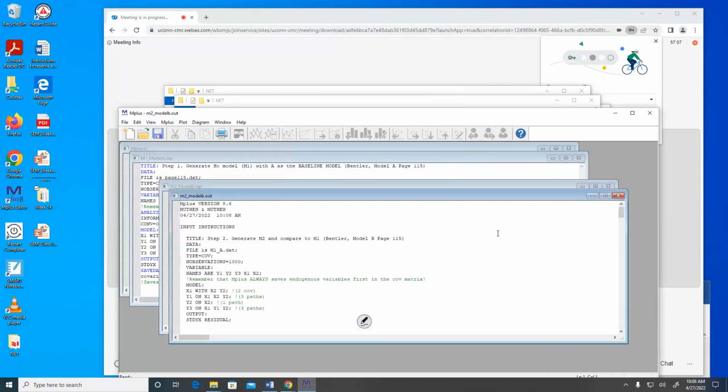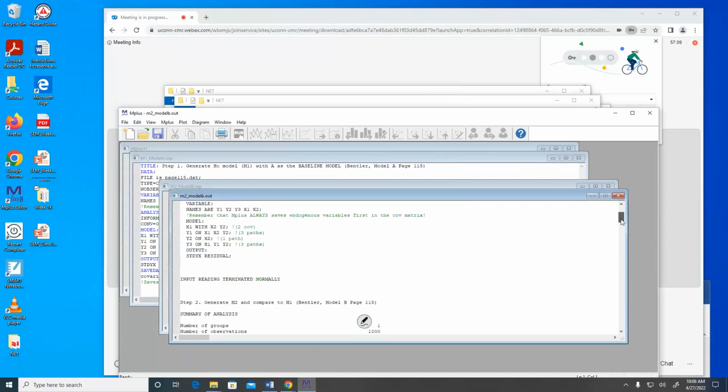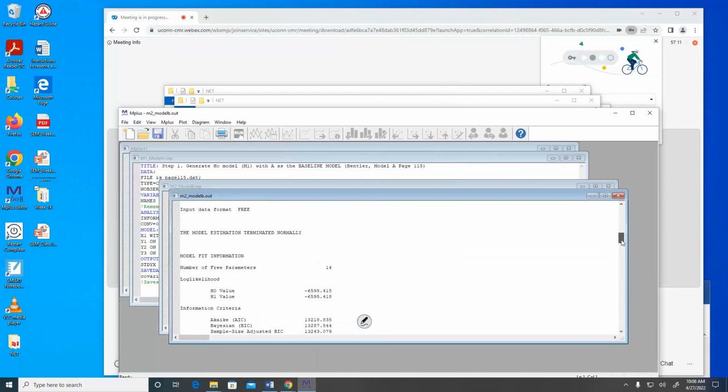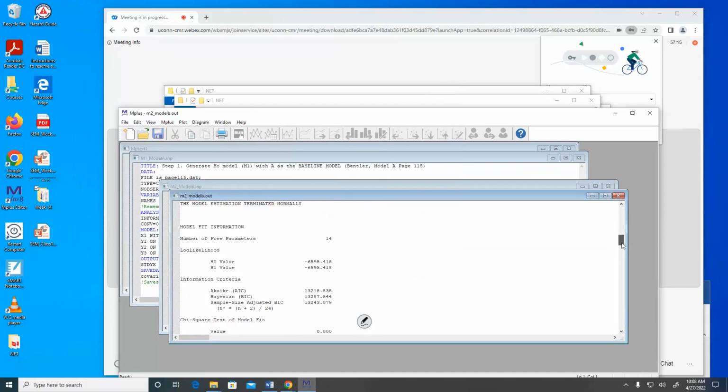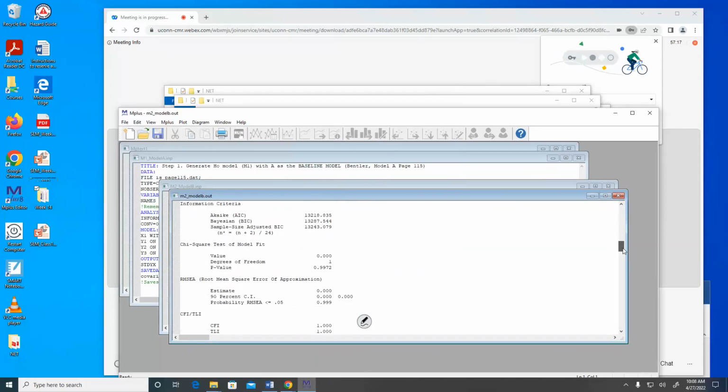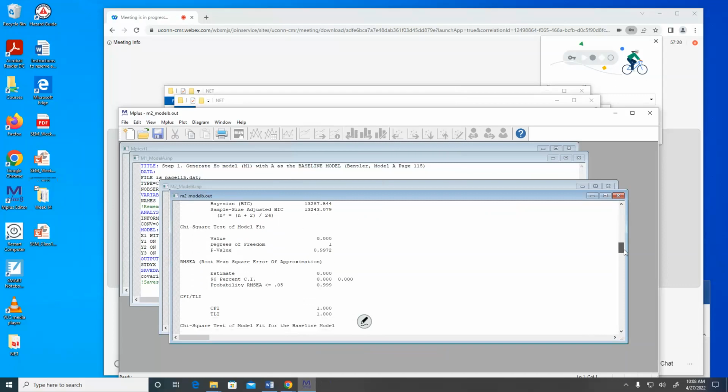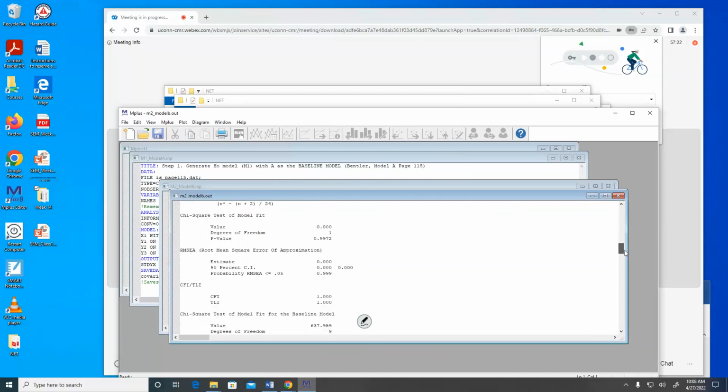Boom, it's done. Now I go to my output. And really, we're not even really interested in our parameters here for right now. We're just interested in comparing these two models, right? Okay, so this model has 1 degree of freedom. So really, the chi-square difference between this model and the last model is 2 degrees of freedom, right? And look at the chi-square test of model fit.